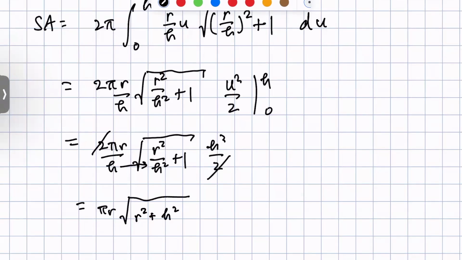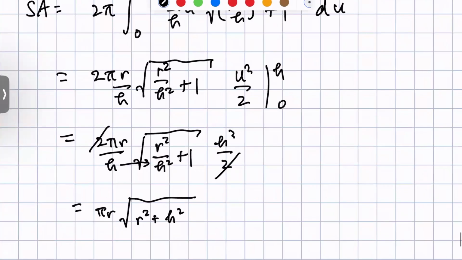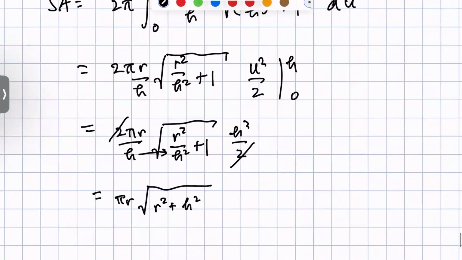Let's see, r squared plus h squared. Sorry, what I said was not quite right. I don't want to multiply the h in there. The h is on the denominator, not the numerator. So let's rewrite the guy on the inside.